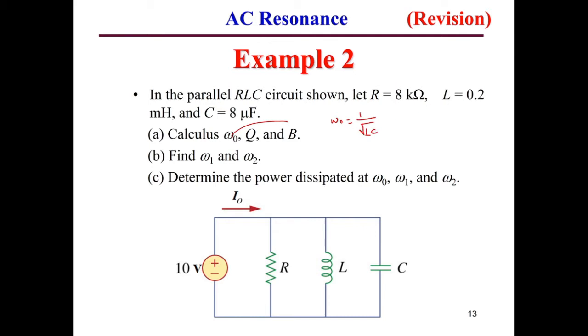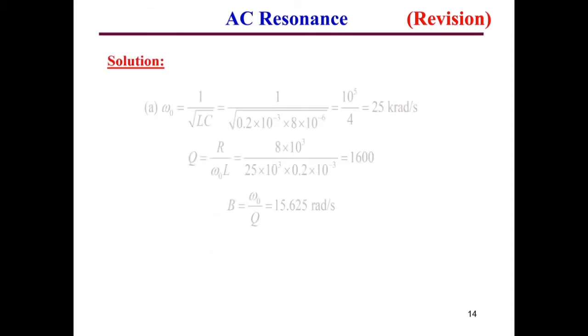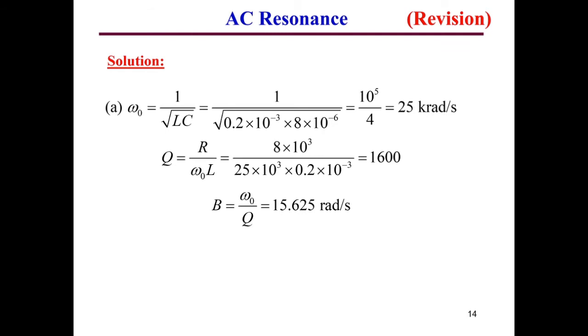L is given, C is given, and we can also calculate the quality factor, because this is resonance, from R over XL. Or you can also utilize the bandwidth as well. Okay, so omega naught is that one, Q will be that one.